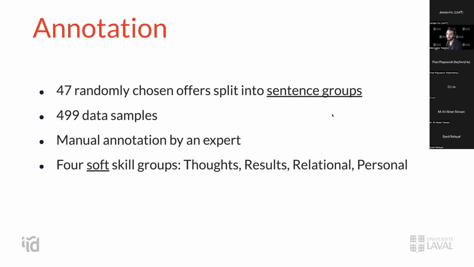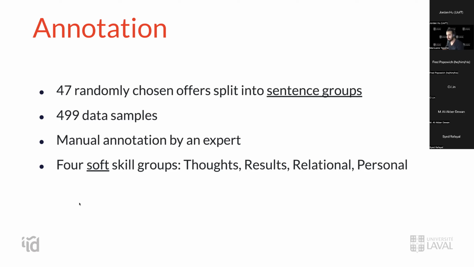Since we had limited time and limited resources for the annotation, instead of considering one offer as a data sample, we split it into different sentence groups and consider each one as a sample. This enables us to have a total of 499 data samples, and it was manually annotated by an expert.